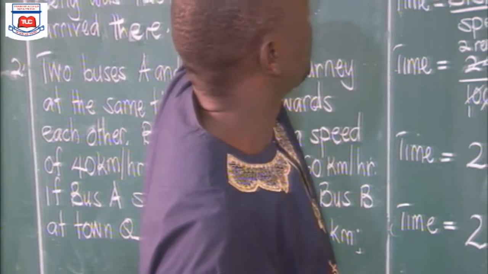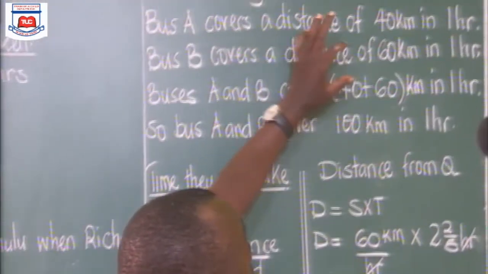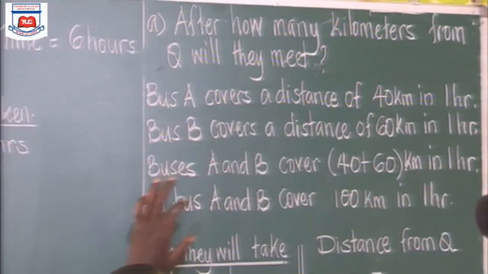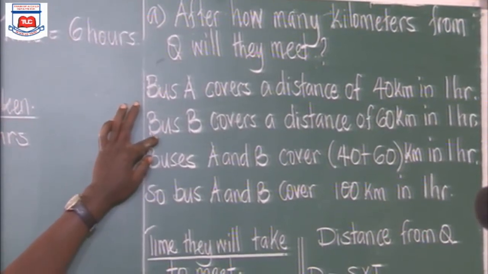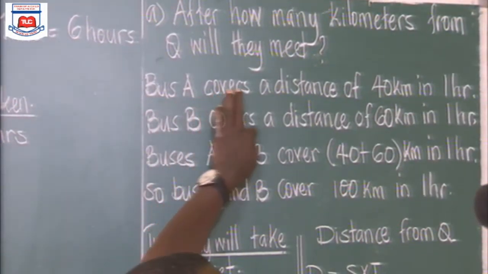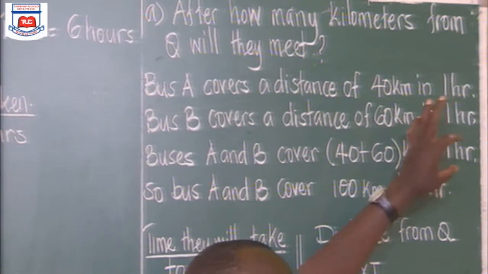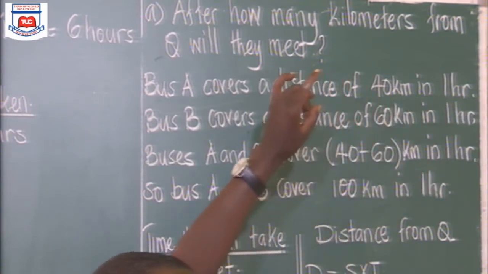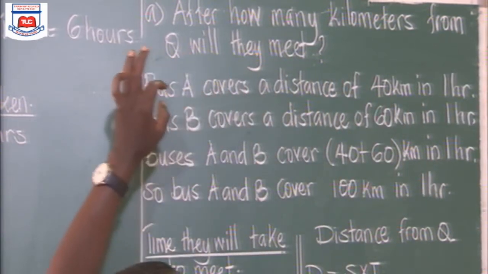You say, bus A covers a distance of 40 kilometers in 1 hour, whereas bus B covers a distance of 60 kilometers in 1 hour. This is derived from the speed at which they are actually driven.